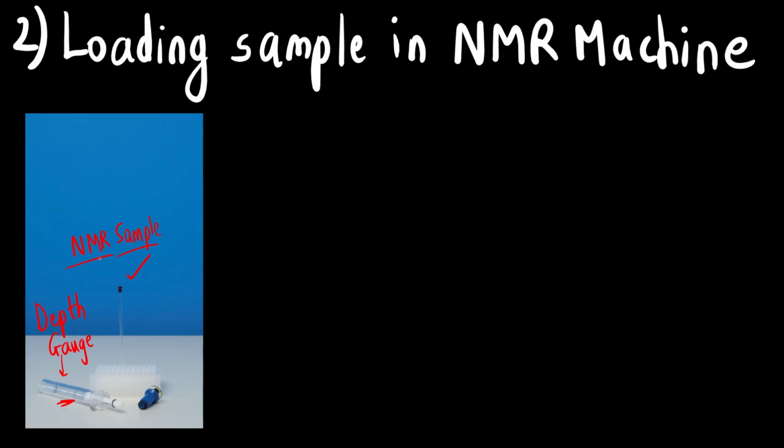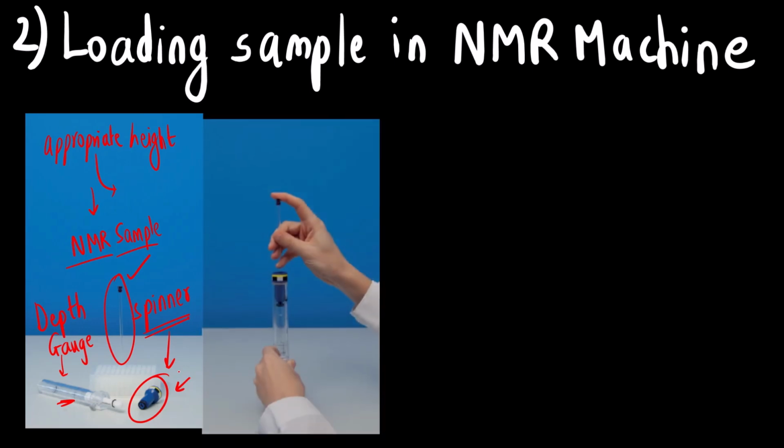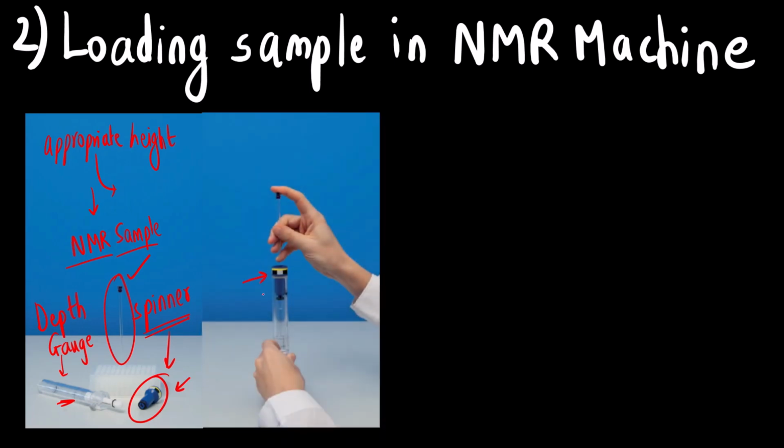It will insert your NMR tube at an appropriate height into the NMR machine. And this is called the spinner. So this NMR tube you will first insert with the help of this spinner. You will insert it into the depth gauge.